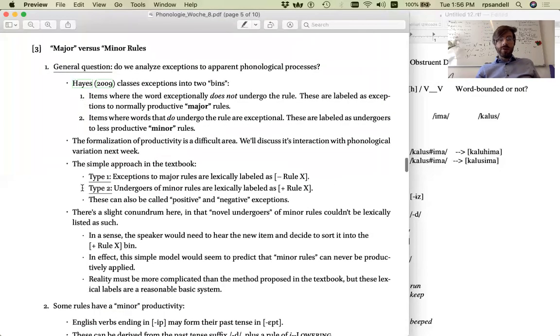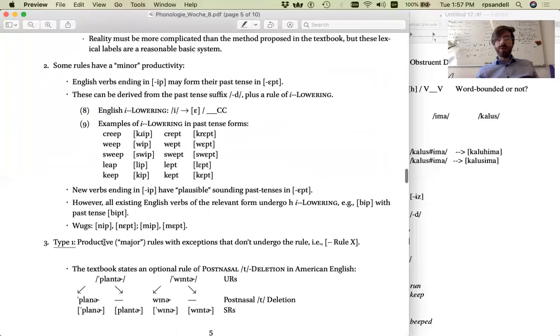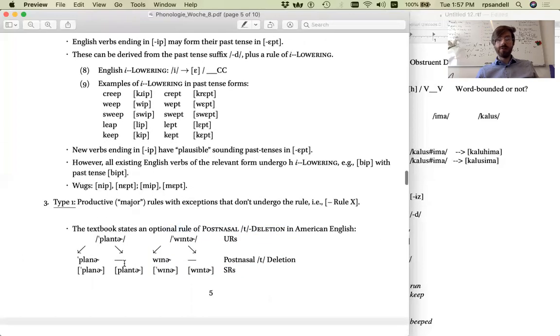Let's look in a bit more detail at these two types of exceptions now. So under type 1, we have productive or major rules that fail to undergo the process. So I think in an early chapter of the textbook, there is a so-called optional rule of postnasal T deletion in American English discussed. So there's an instance where an underlying voiceless alveolar stop following an alveolar nasal is optionally deleted.